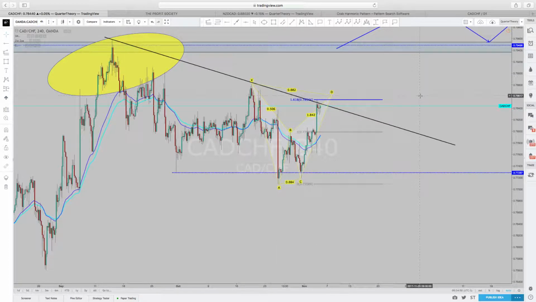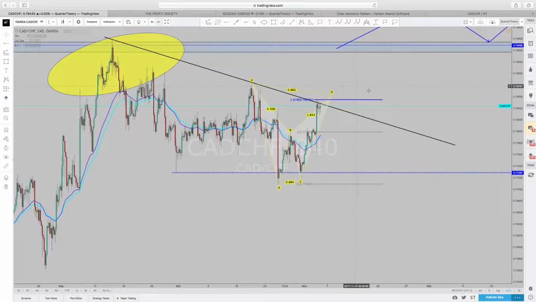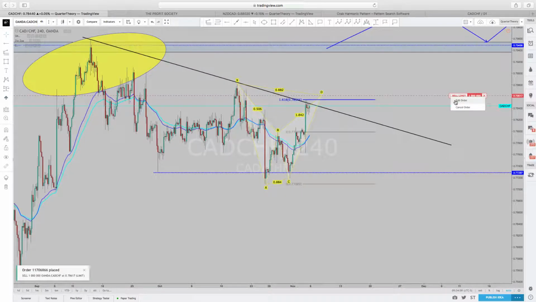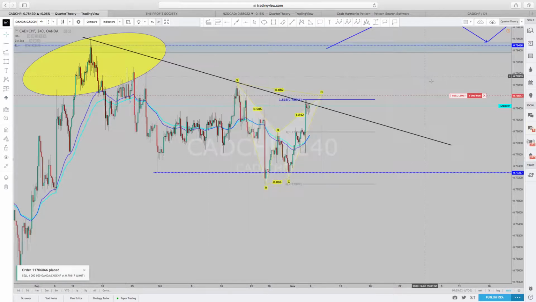Matter of fact, you can place a sell limit here. Let's just say I put a sell limit right here, with a stop loss of about 25-30 pips. I usually go right above the X. It's about 25 pips right there. And where would my take profit be?